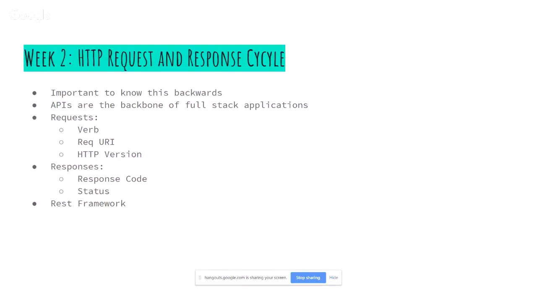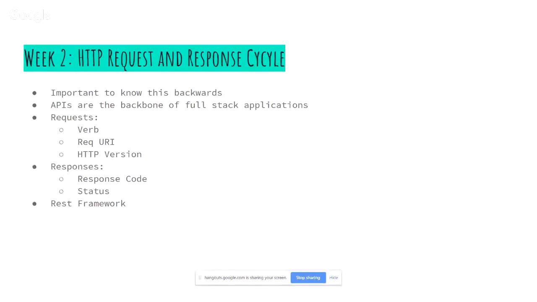This is because even if, for example, in this full stack nanodegree you're doing Flask, a lot of people will move to Django, which may seem like it's not super important to understand the actual details of every request and response. But as soon as you start integrating APIs, which nearly every single web service does, you'll see immediately that it's super important that you understand this backwards.